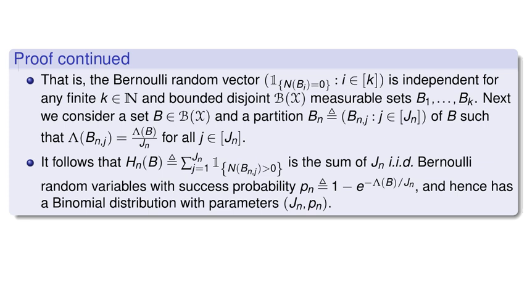It follows that Hn of B, which we defined earlier as the sum from j equals 1 to Jn of the indicator that N of Bnj is greater than 0, is the sum of Jn independent and identically distributed Bernoulli random variables. The success probability for each of these Bernoulli trials, let's call it Pn, is 1 minus e to the power minus lambda of B over Jn. Therefore, Hn of B follows a binomial distribution with parameters Jn and Pn.